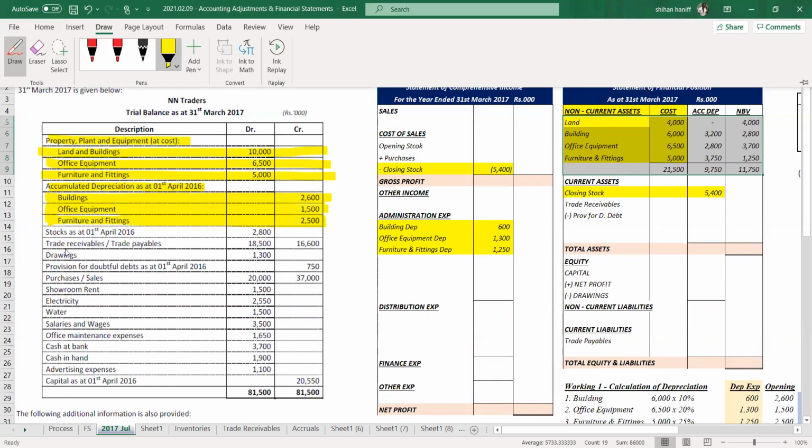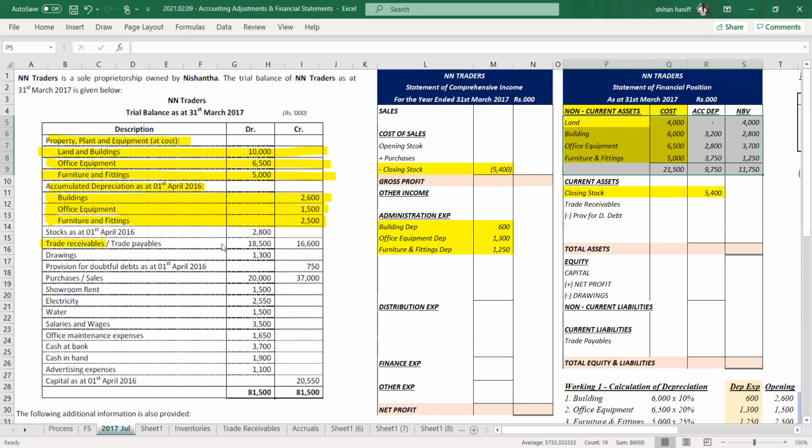In the trial balance, we have trade receivables 18,500, provision for doubtful debts 750. So I'm going to take these two balances to a ledger account. I'll repeat, trade receivables 18,500, provision for doubtful debts 750.